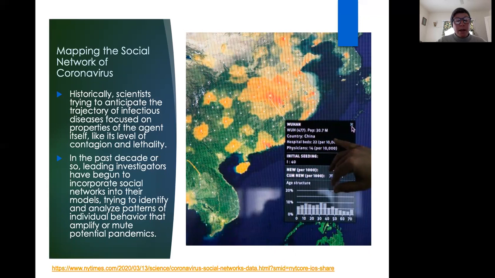And the story talks about how historically scientists try to anticipate the trajectory of infectious diseases by focusing on properties of the agent itself, meaning the disease itself. Like the level of contagion and lethality. So those are both really important components. How hard is it for the disease to move from one person to another?